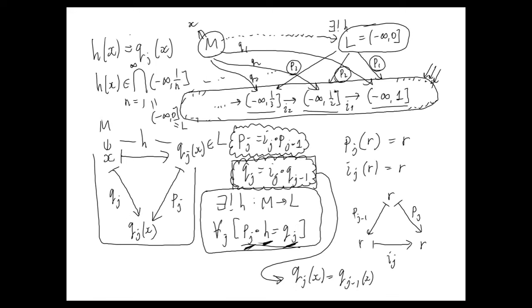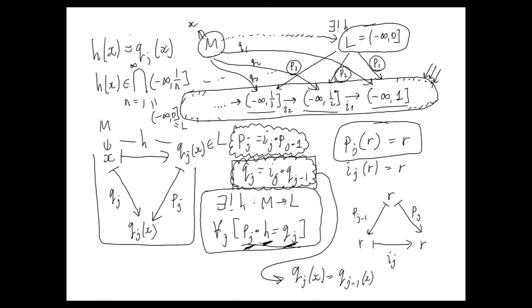So we named a specific L, for which we proved that that specific L, together with specific P's, will be a limit. The P's we chose to be the ones that map every number to itself. And then we took an arbitrary M, an arbitrary Q1, Q2, Q3, and so on.